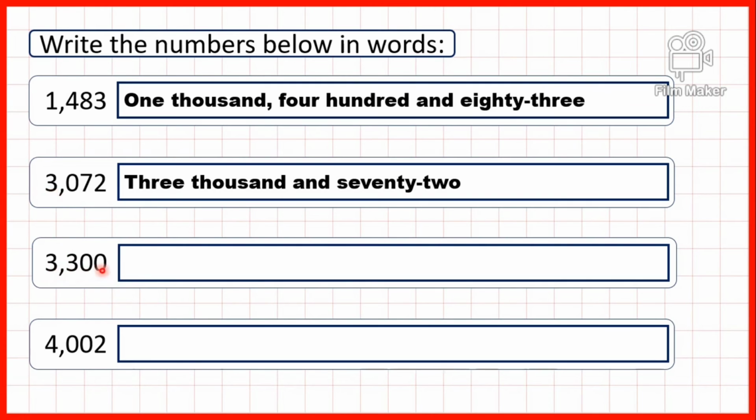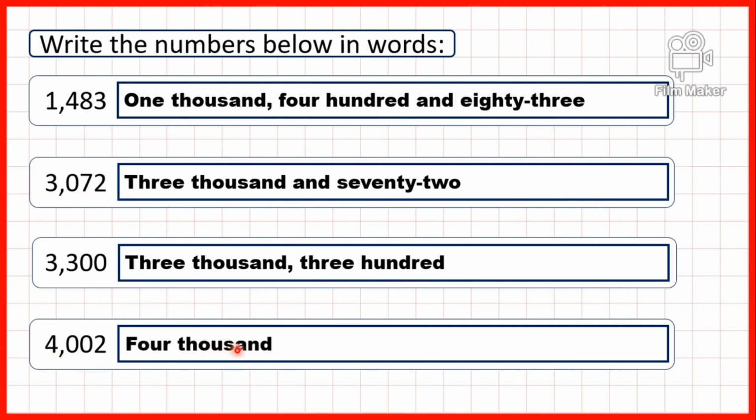Now let's look at this number here. We have 3 as our thousands digit, so that's 3,000. Then, looking at the last 3 digits, we have 300, so that's 300. Our number is 3,300. And for this last number, we have 4 and then a comma, so that's 4,000.